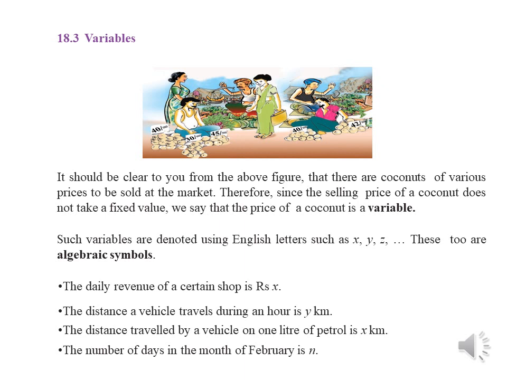Such variables are denoted using English letters such as simple X, Y, Z. These are algebraic symbols. The daily revenue of a certain shop is rupees X. The distance a vehicle travels during an hour is Y kilometers.